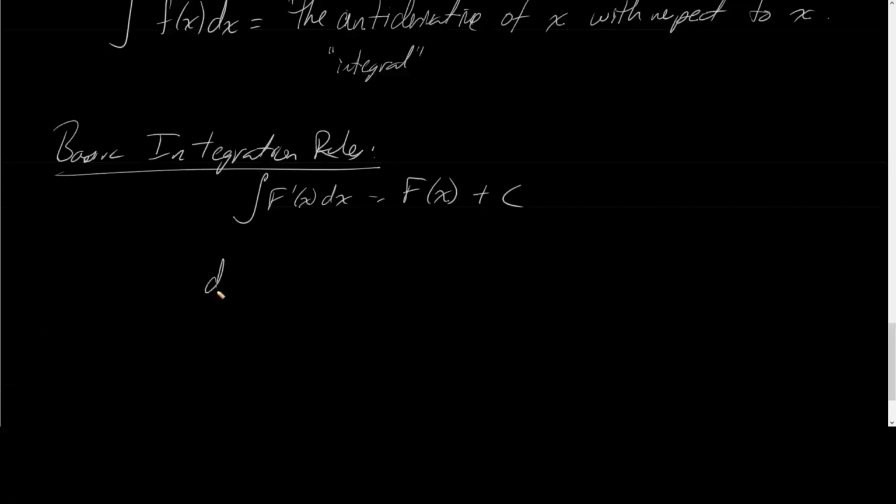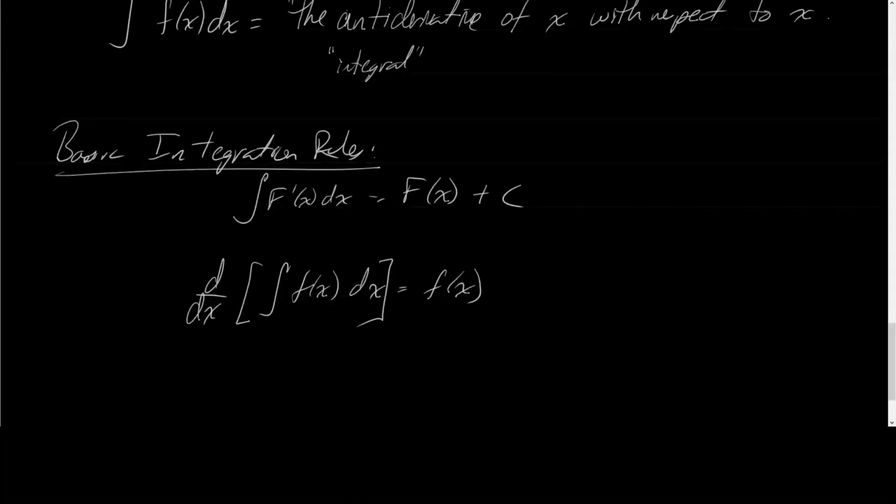If I take the derivative with respect to x of the integral of f of x dx, that is equal to f of x. So what we're saying is that taking the derivative and the antiderivative are inverse operations. The integral of a derivative is the function. The derivative of the integral is the function.